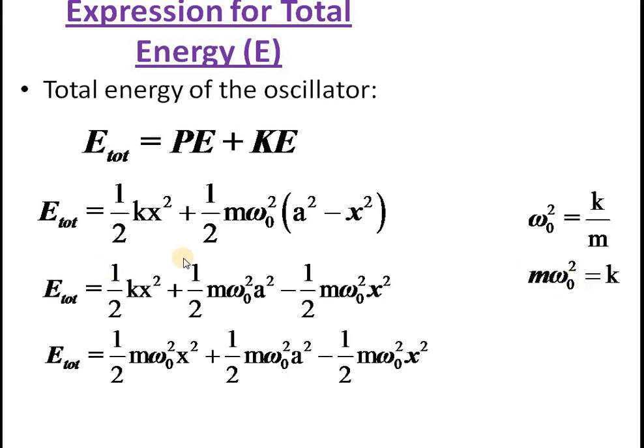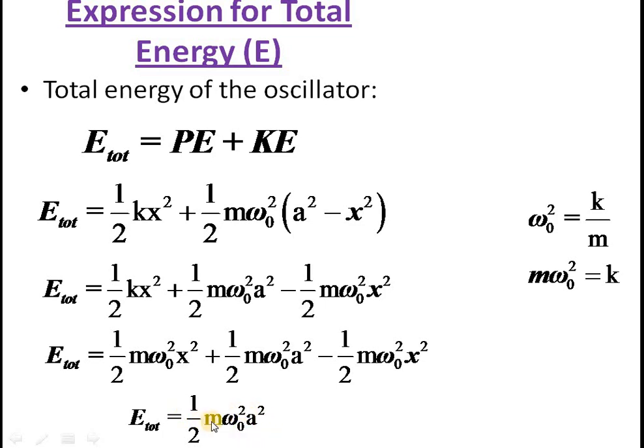What happens? Our first term now becomes 1 by 2 m omega 0 square x square, plus half m omega 0 square a square, where a is the amplitude, minus half m omega 0 square x square. The first term and third term cancel. So ultimately what is left is that the total energy becomes half m omega 0 square a square.